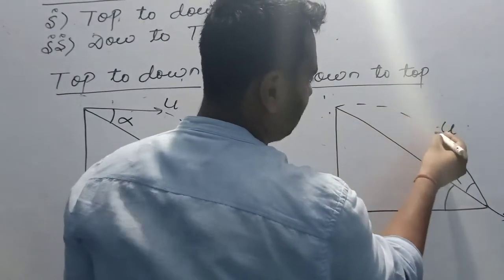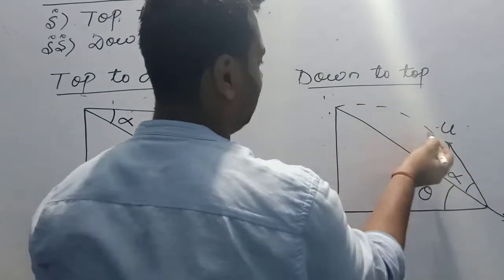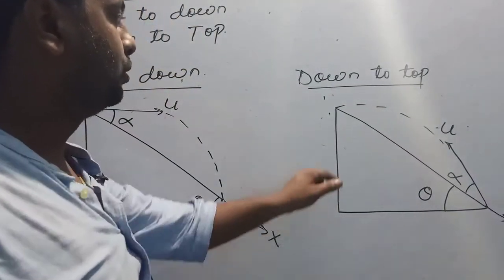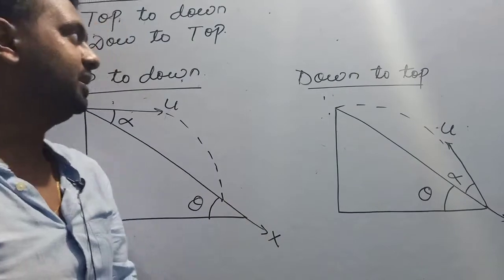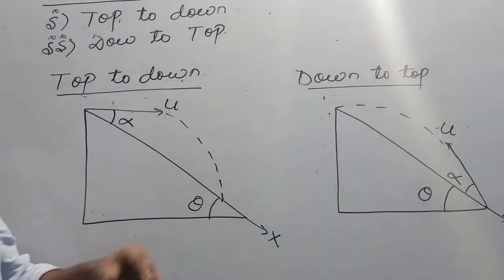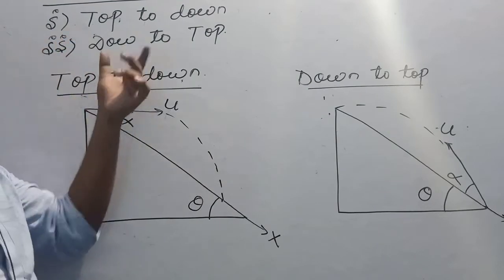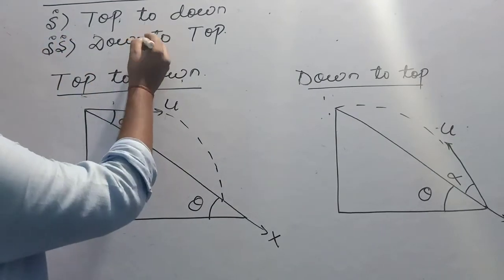This will also make a parabolic path and it will approach the top of the incline. These two examples are projectile motion on inclined plane: one is top to down and another one is down to top.